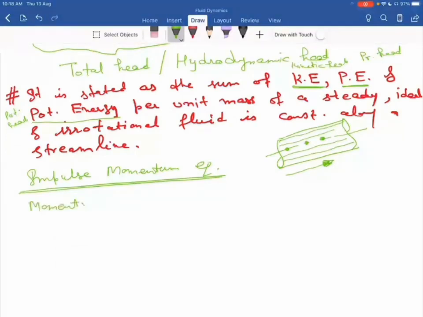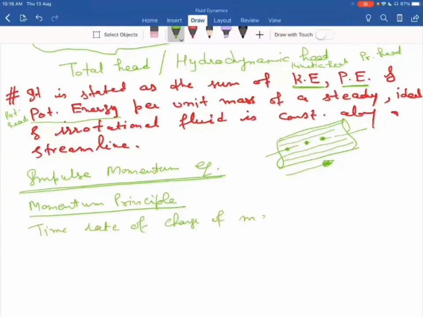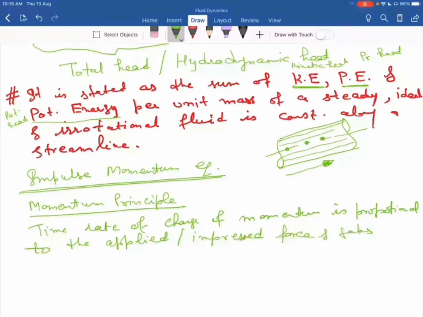According to the momentum principle, the time rate of change of momentum is proportional to the applied, or impressed, force, and takes place in the direction in which the force acts.